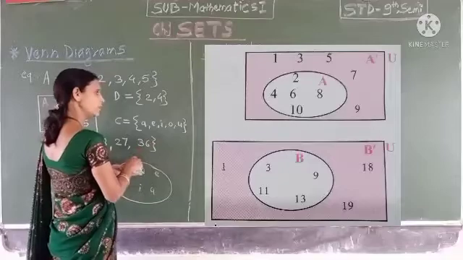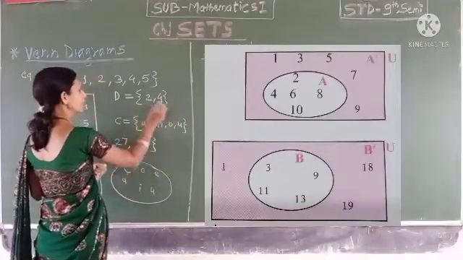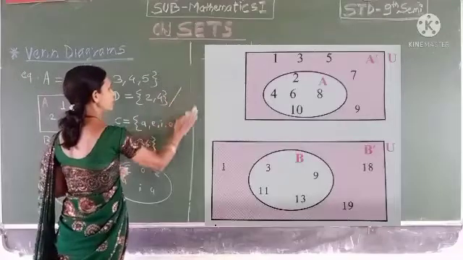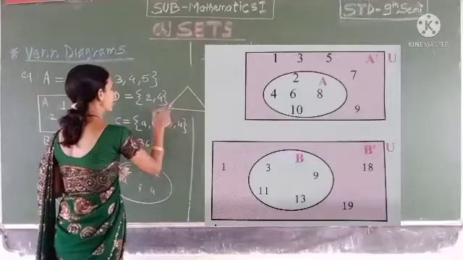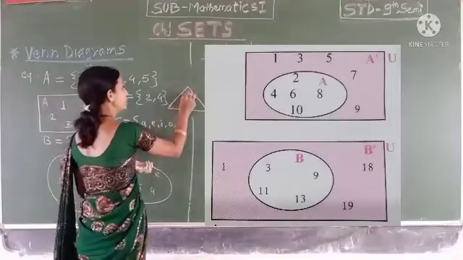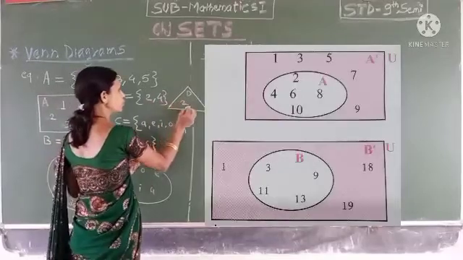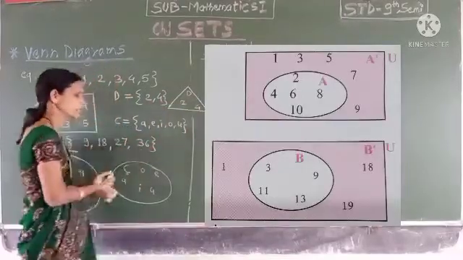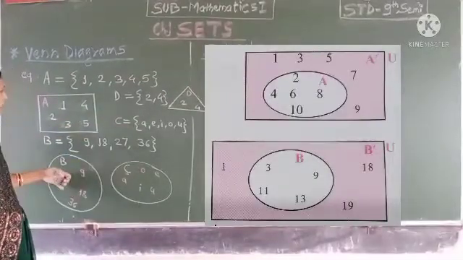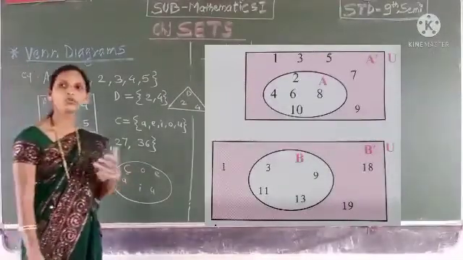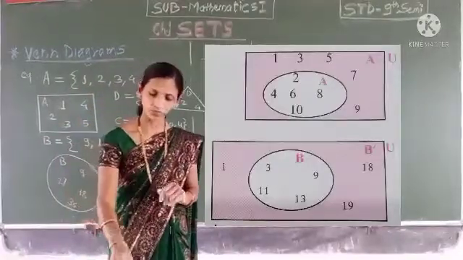For this purpose, you may use any geometrical figure, for example a triangle, to represent the set D, and the elements in set D are 2 and 4. That is about Venn diagrams, which are used to represent sets.